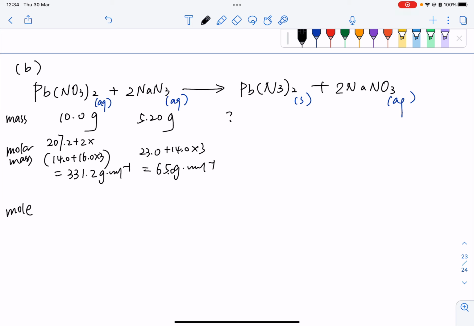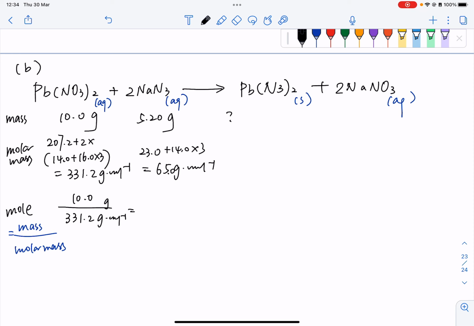So now, if you want to calculate the mole, again, mass over molar mass, right? So the left one should be 10.0 divided by 331.2 grams per mole.